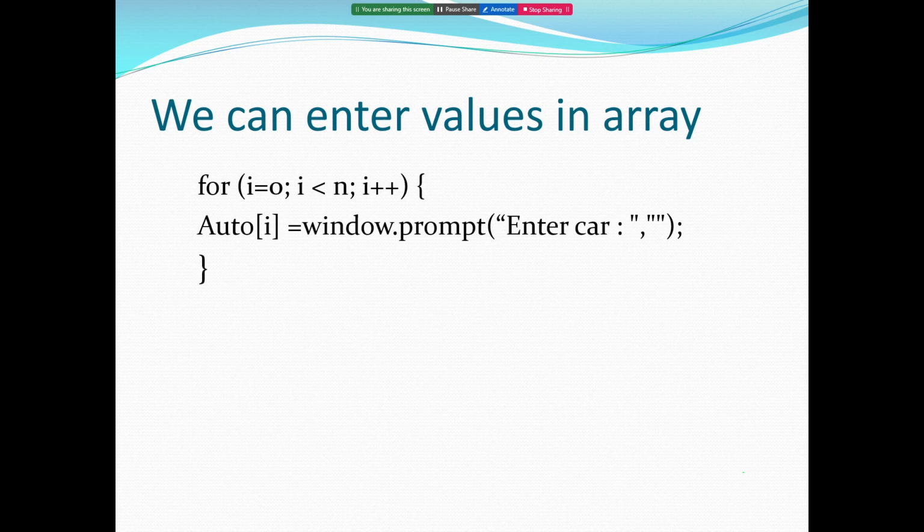So in other words, add 1, increment by 1. And then the JavaScript for the array, we're doing car name, so it's auto, and then i for the index value. And then we're going to prompt for input.